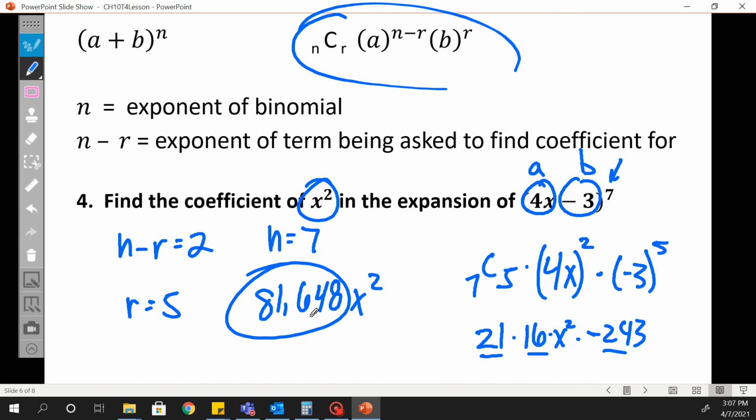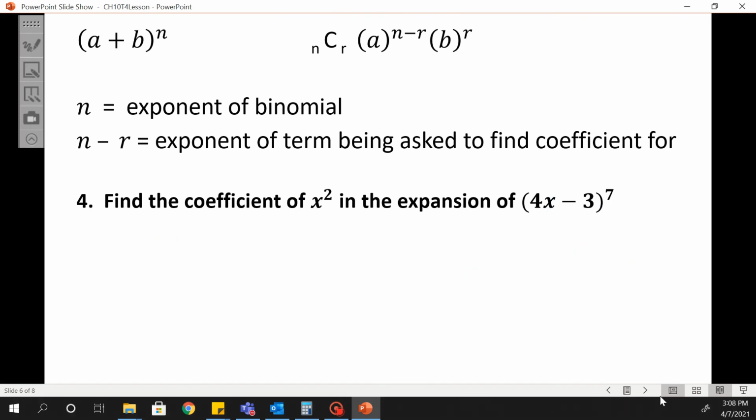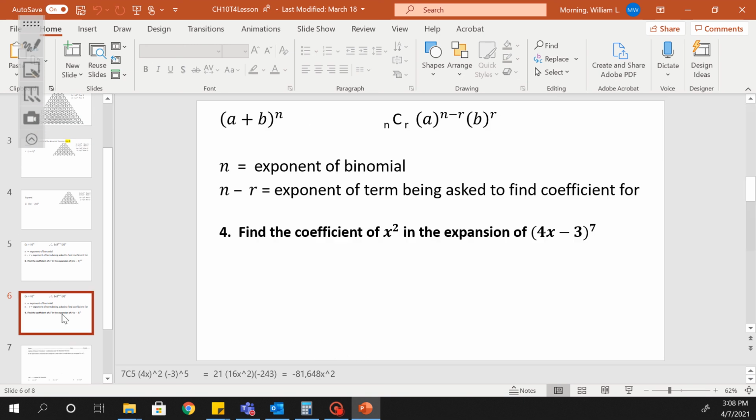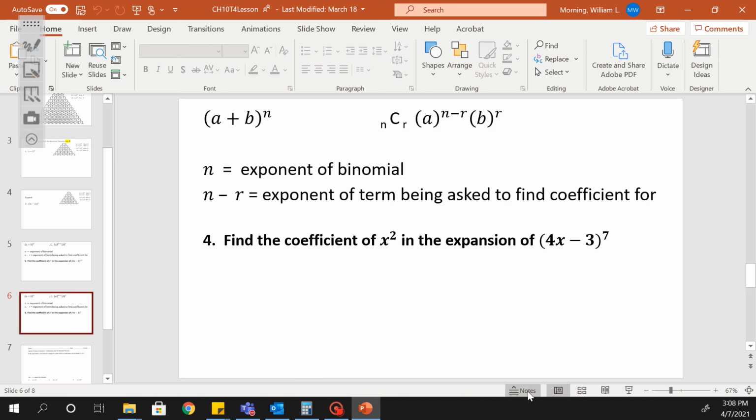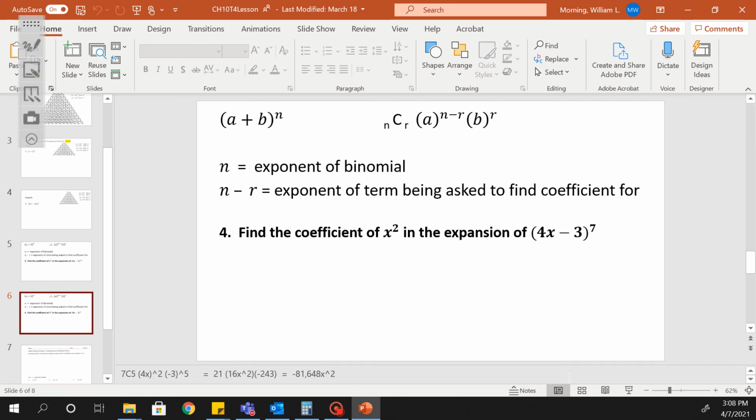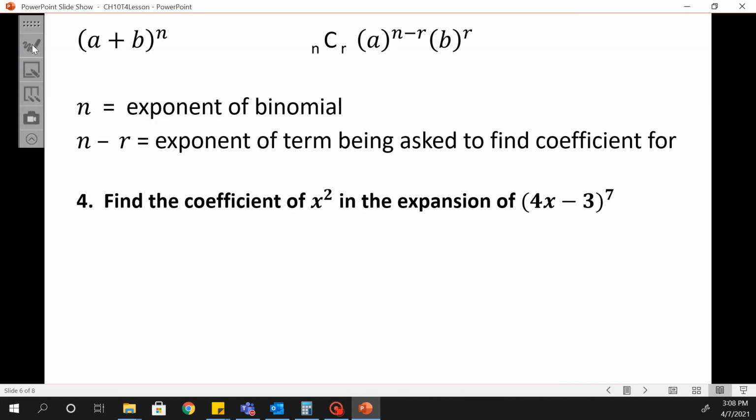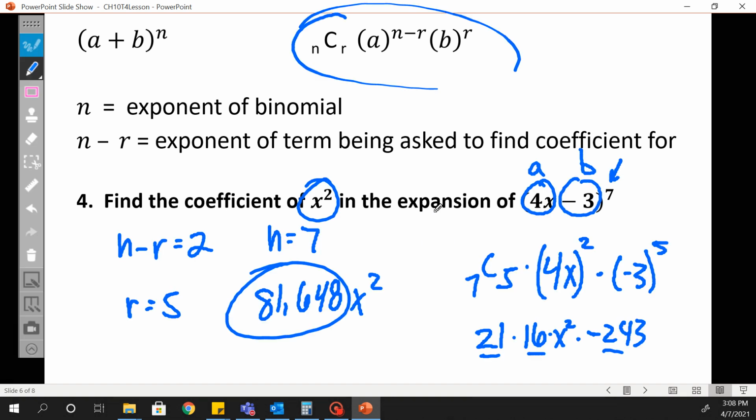So the coefficient would be 81,648. Negative. Sorry, I left off the negative by accident. That should have been negative 81,648 because of the negative 243 here.